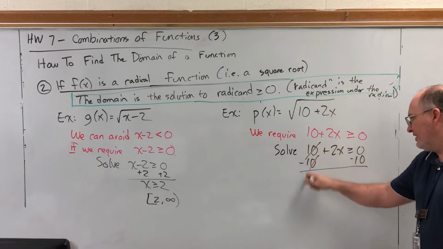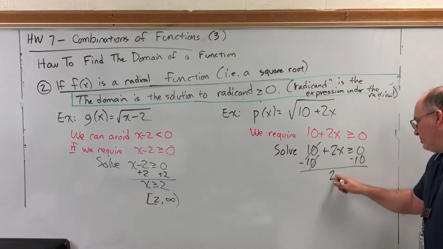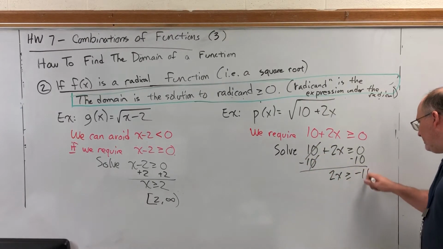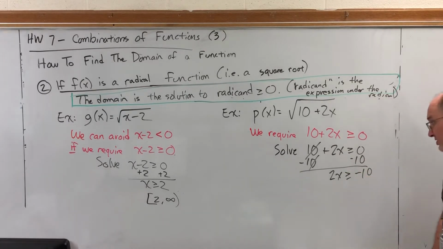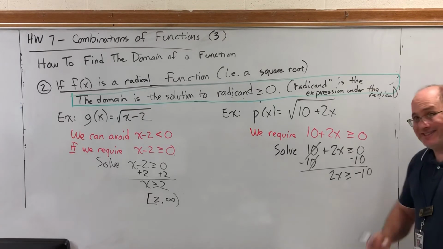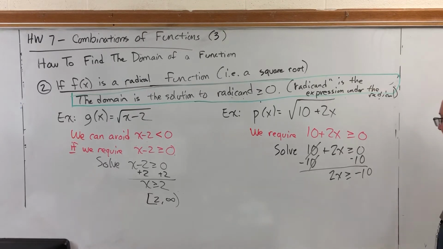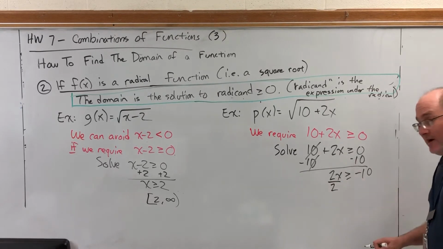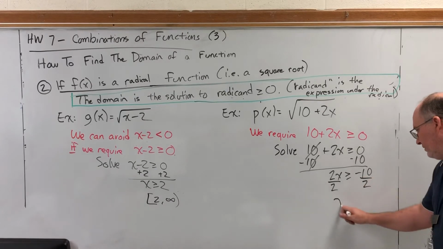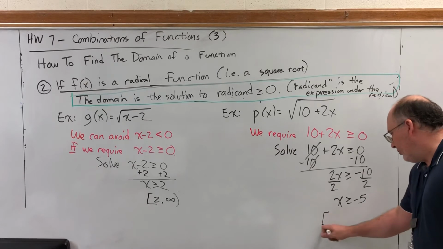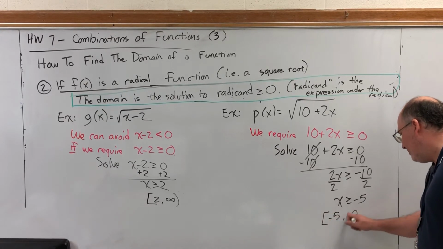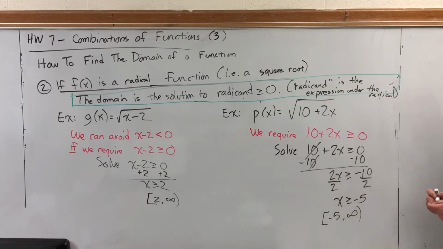That gets you closer to isolating the x. 2x is greater than or equal to negative 10. And I take back what I said a minute ago; I thought there was going to be a sign flip here. That did not happen, because I'm not dividing by a negative. x is greater than or equal to negative 5. So this domain would be negative 5, comma, infinity, with a bracket on the negative 5.